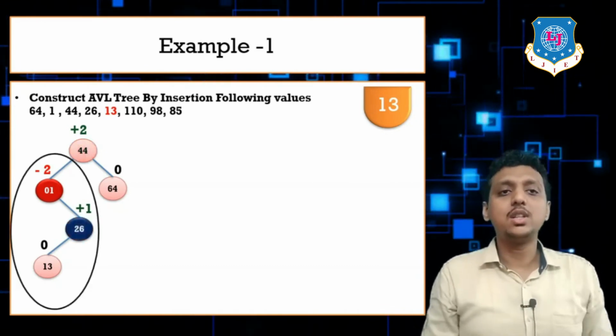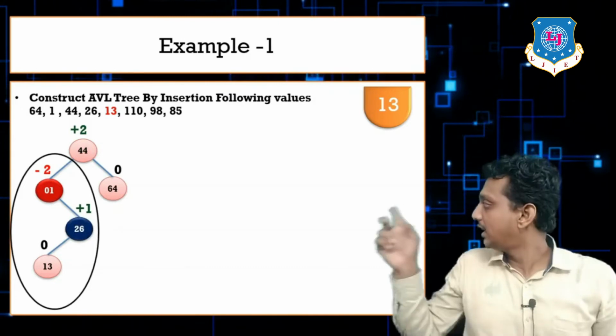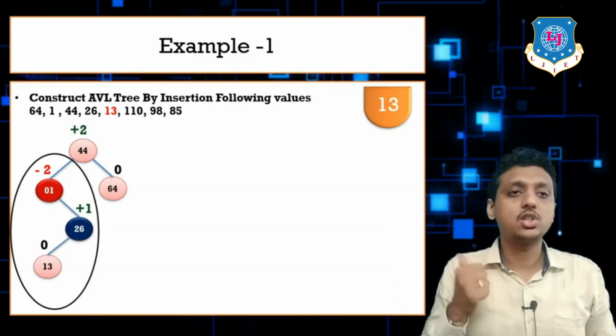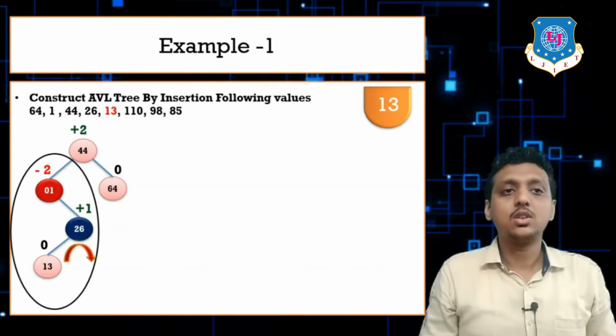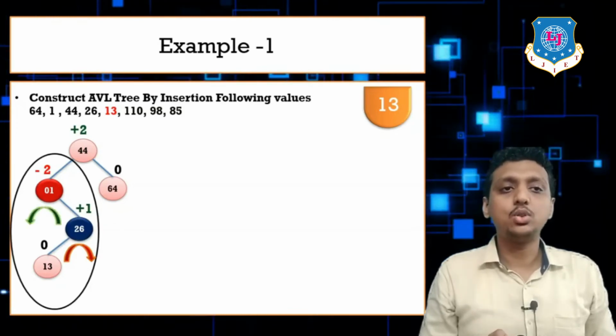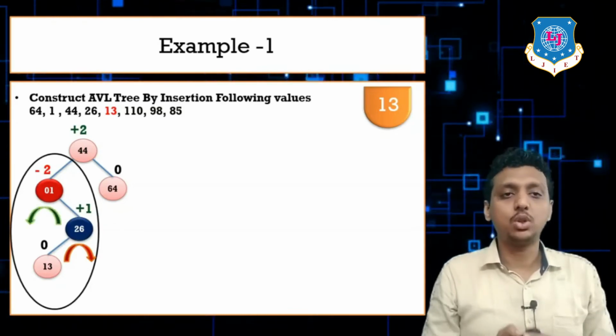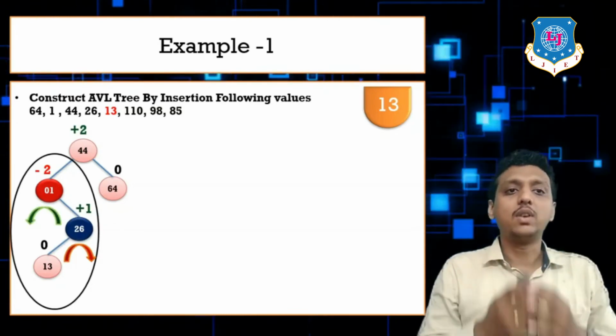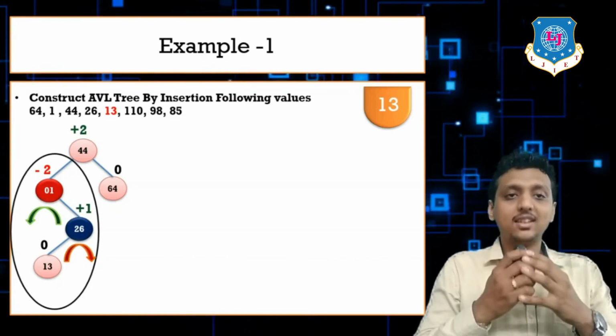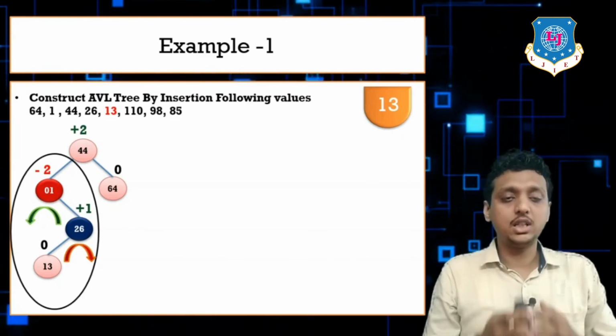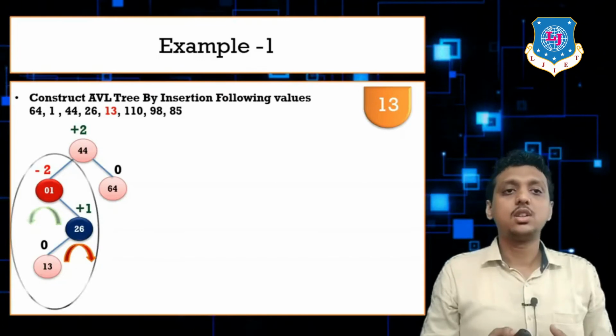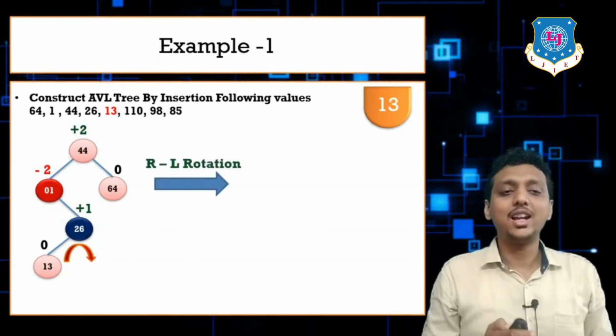I just need to apply the RL rotation on the mentioned block only. On this subtree, on 26 I apply right, and on 1 I apply left rotation. So here it is, that is RL rotation.